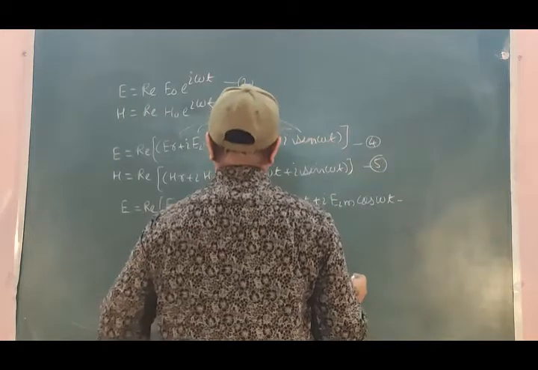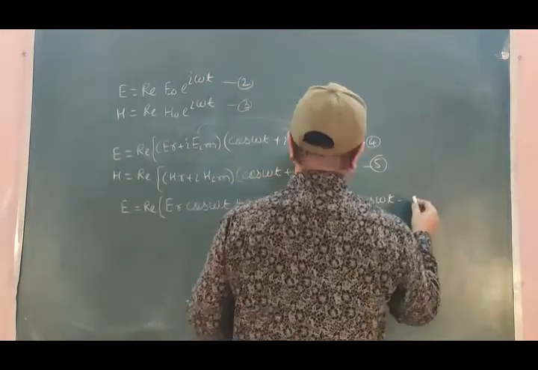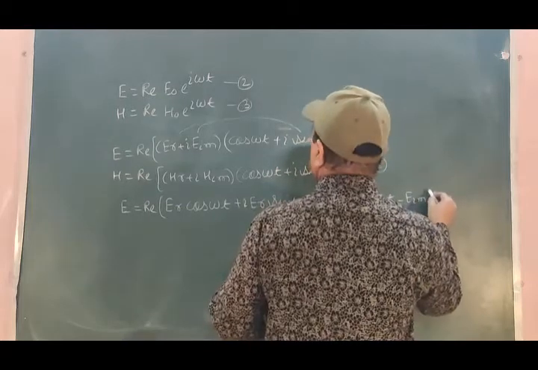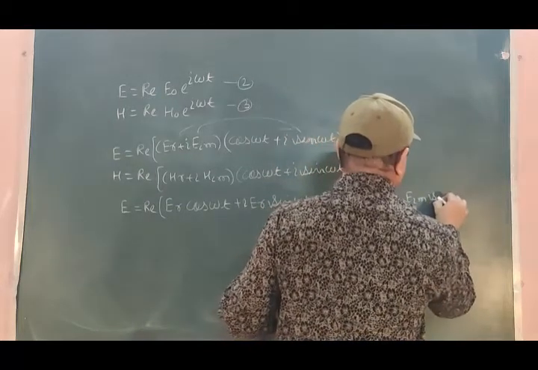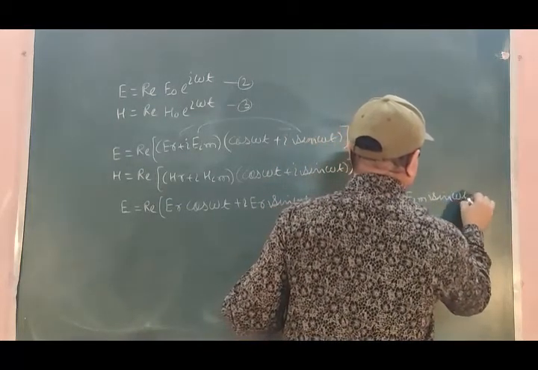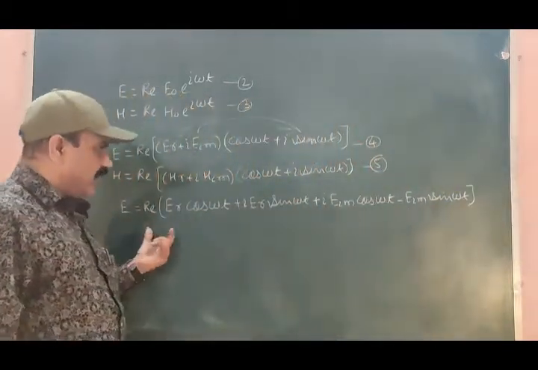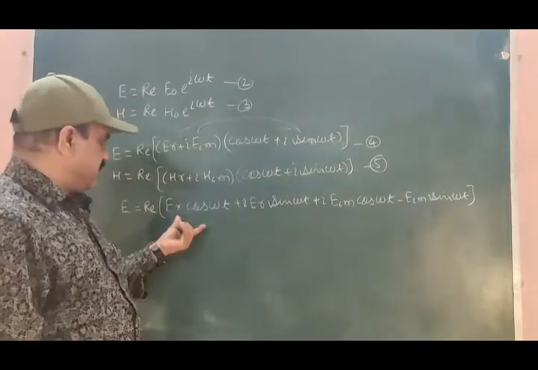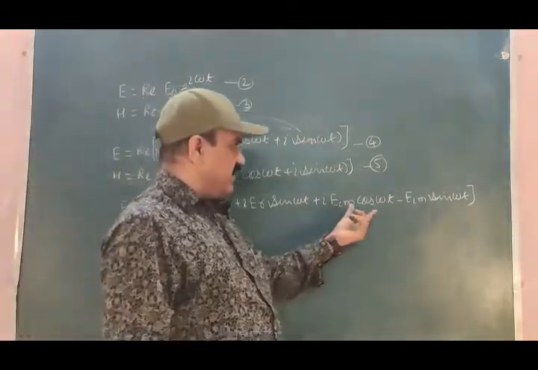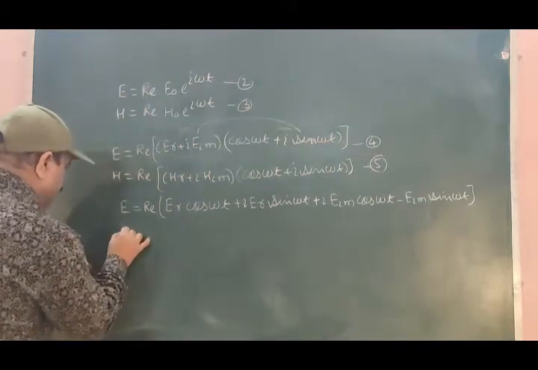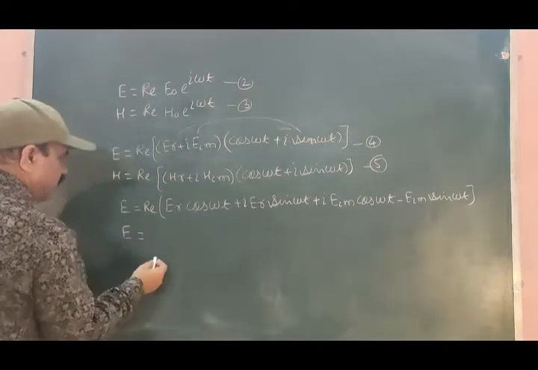minus EIM sin omega t. This is equal to the real part of this square bracket. Real, imaginary, imaginary, real. Okay. And therefore this E must be equal to, what is the real part?